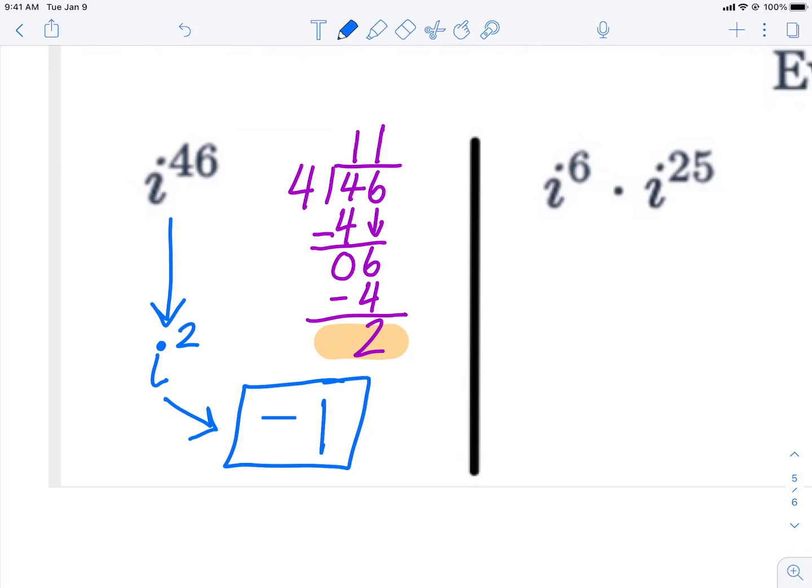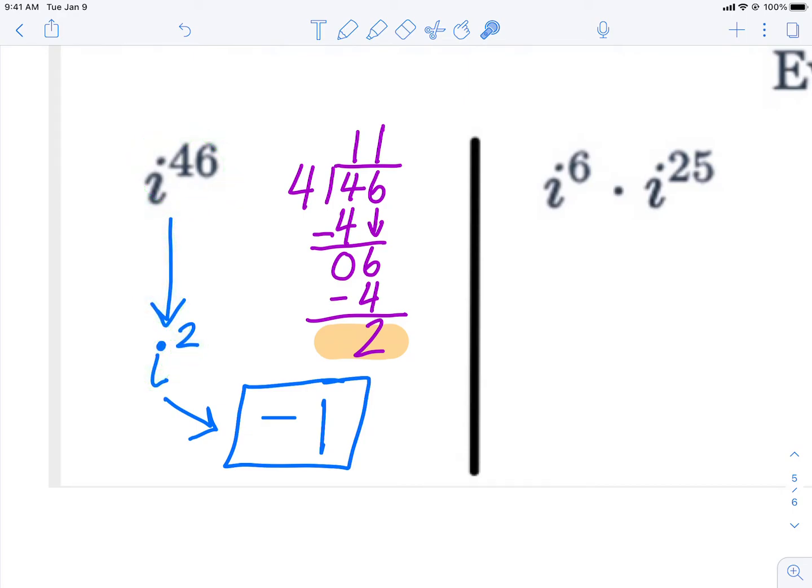You'll get it. Don't worry. We'll practice and you will understand it. Okay? The key is I divided by 4, right? And my remainder became my new I. I transformed this I to the 46 to I to the power of 2.